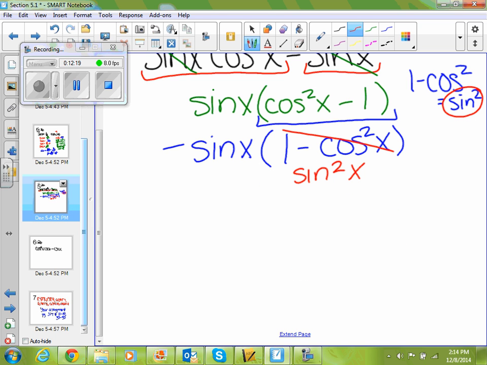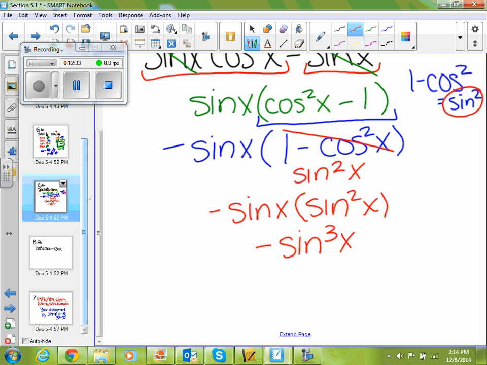So when I replace that, I get negative sine of x times sine squared of x. And then I end up with just 3 sines, so negative sine cubed of x. So that simplified becomes negative sine cubed of x. On that one, all we used was our Pythagorean identities, which you'll use a lot.